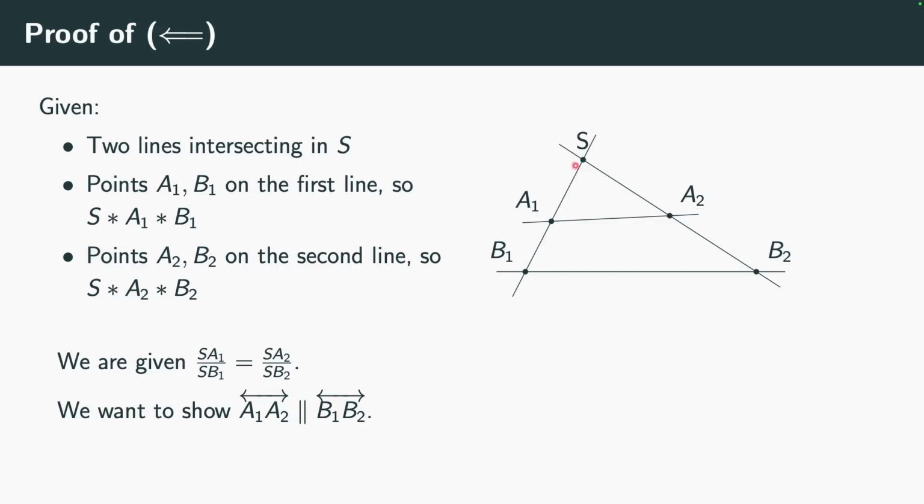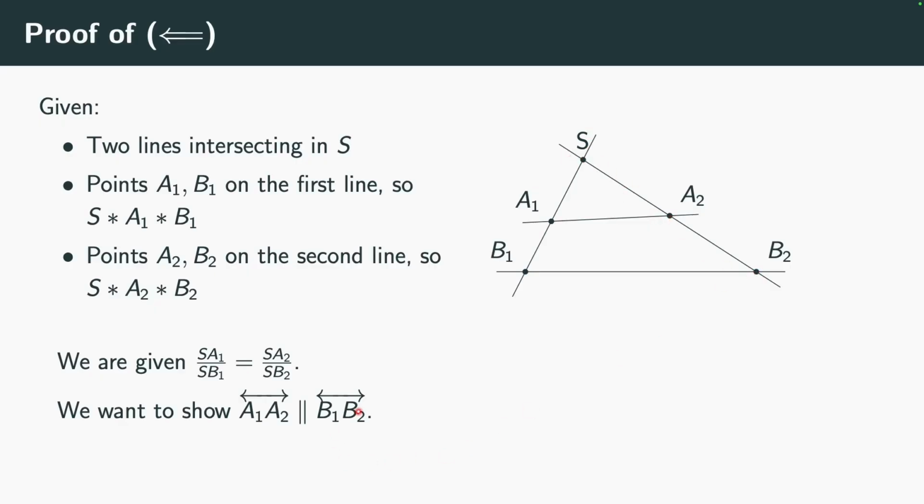Okay, so let's take a look at the strategy for proving that. We have these two lines intersecting in S, and we have points S, A1, B1 in that order on the first line, and S, A2, B2 in that order on the second line. And we are given that the ratio SA1 over SB1 is equal to the ratio SA2 over SB2.